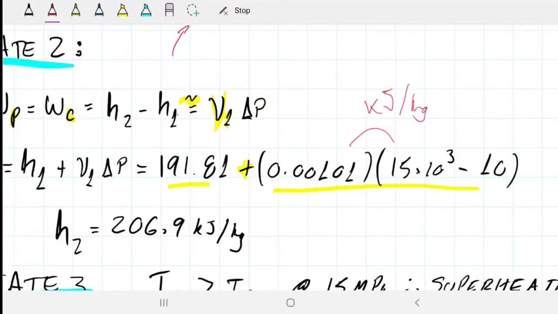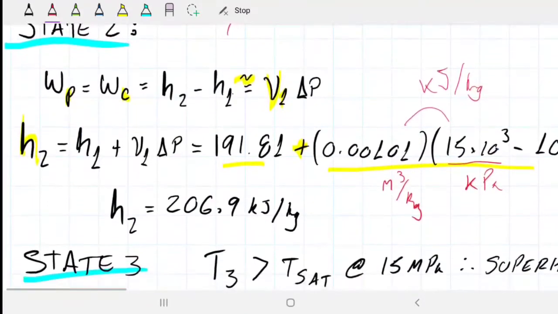And to do that, I'm going to need this in kilopascals. That's why I converted the megapascals into kilopascals. And this in meters cubed per kilogram, which multiplied is going to give me kilojoules per kilogram. And so I've defined state 2 as well. I got state 2 to be 206.9. And then I can jump into state 3.